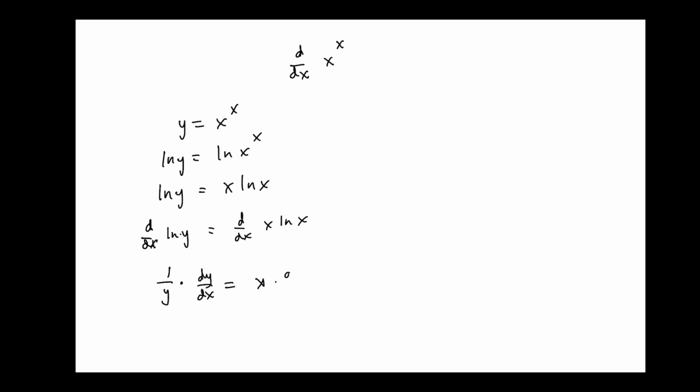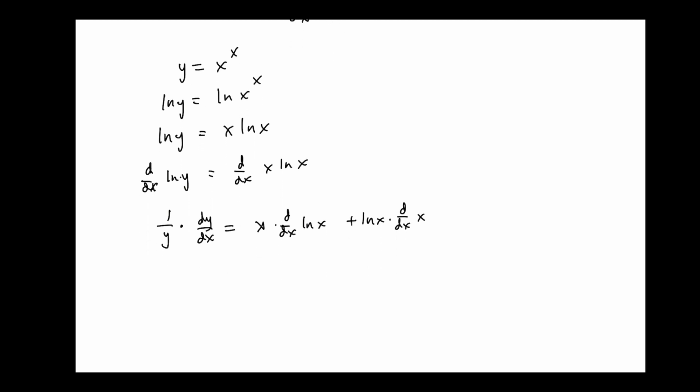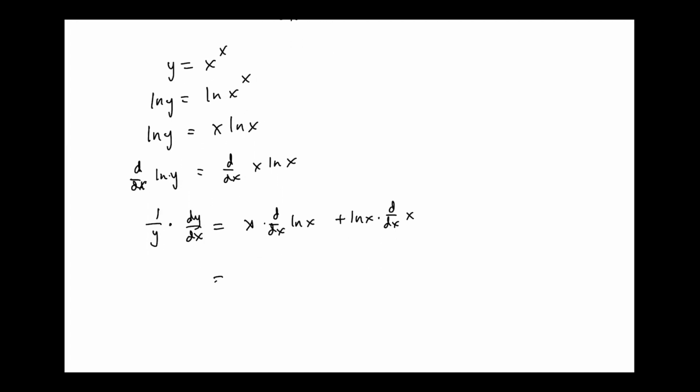First thing times the derivative of the second plus the second thing times the derivative of the first. Okay, product rule. I've written the instruction to take the derivatives just to make sure that we had the product rule step correct.